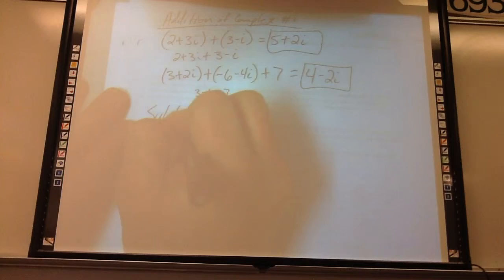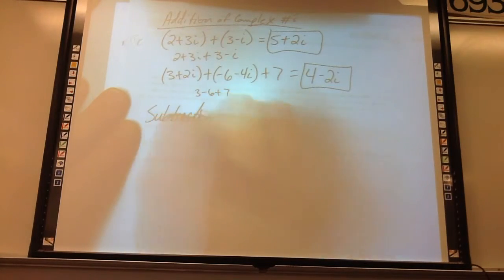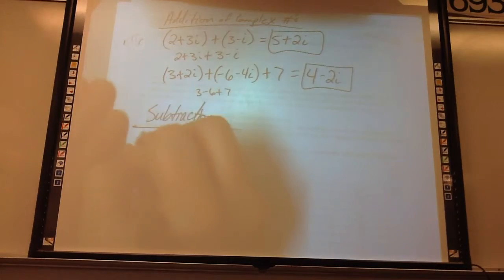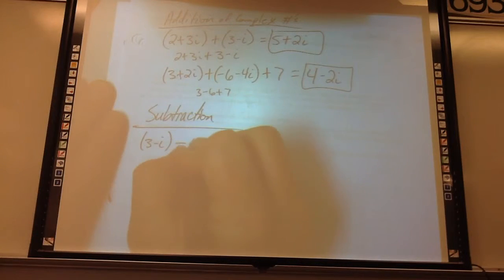We can do subtraction. So like 3 minus i minus 2 plus 3i. It's almost as easy as addition. You just subtract them instead of adding them.